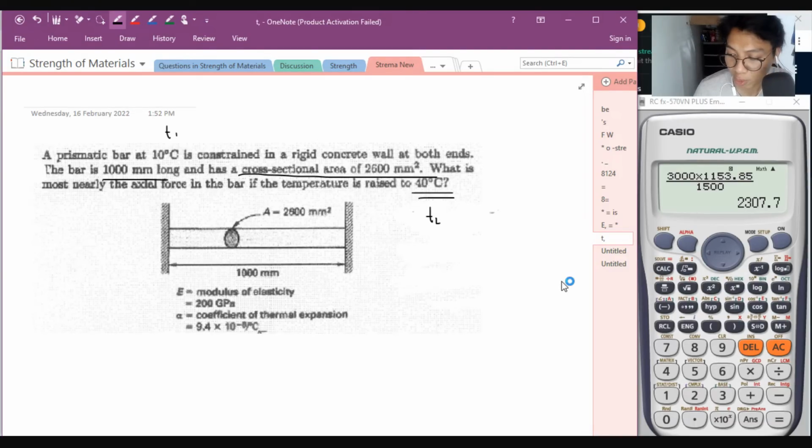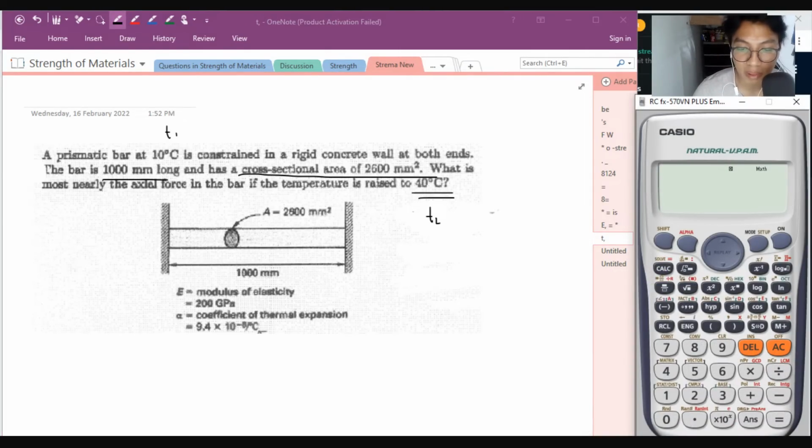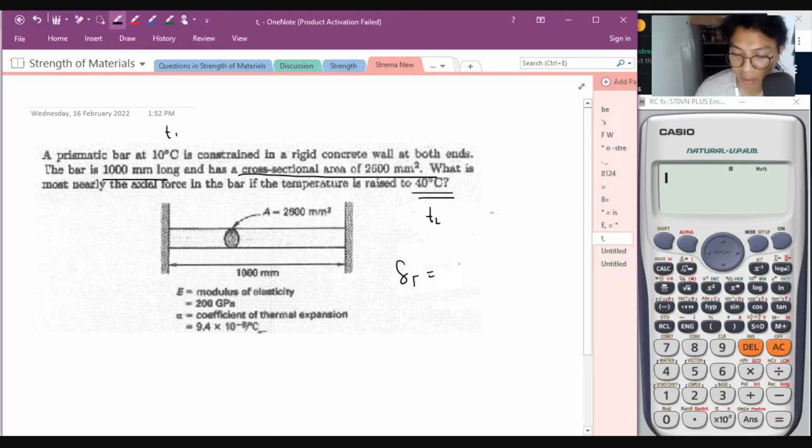Okay. What is our formula for thermal stress? For thermal stress, remember, that is equal to alpha, L, delta T, where alpha is the coefficient of thermal expansion, L is the length of the bar, and delta T is T final minus T initial.